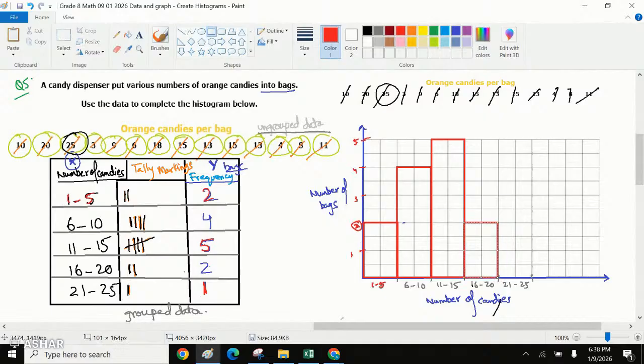And the least number of bags was 21 to 25, that was 1 bag only. And what we do is we simply shade the alternate bars just to make our grids more visible. The shading is always done by horizontal lines or slant lines.